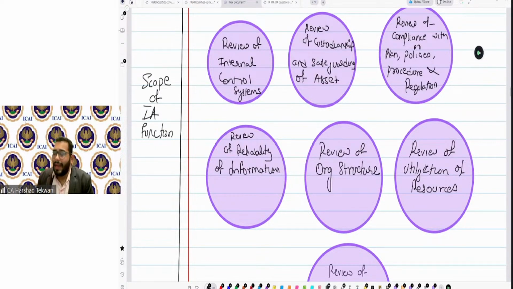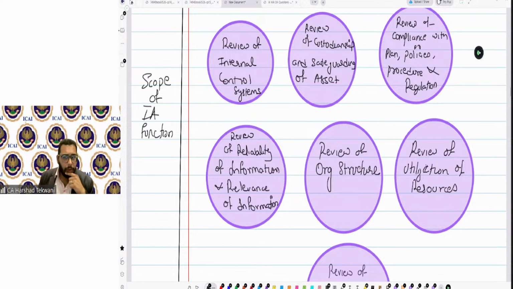Then the next part is review of relevance and reliability of information. So I have written review of reliability of information and relevance of information. Can anyone tell me what this means? What will this cover?